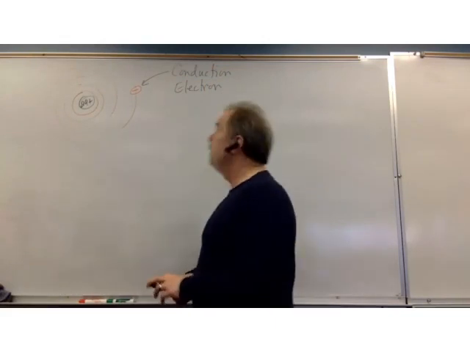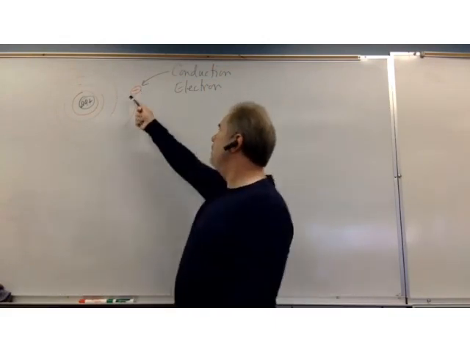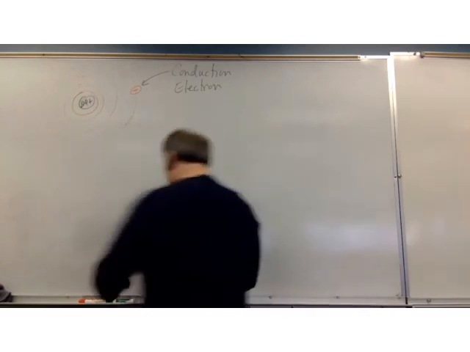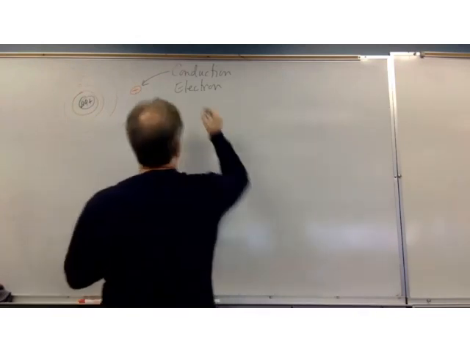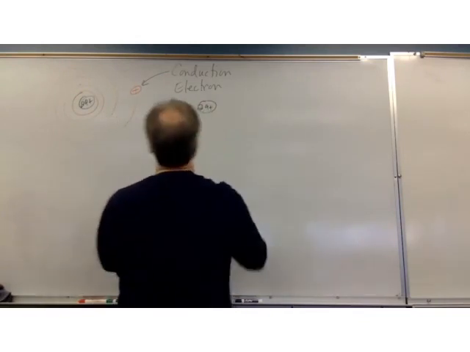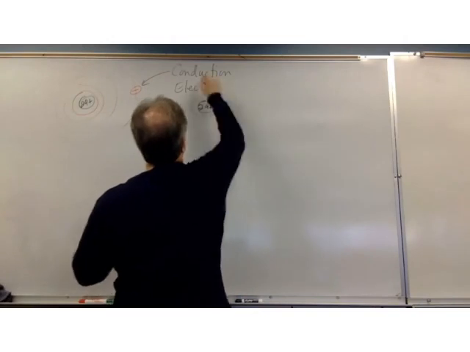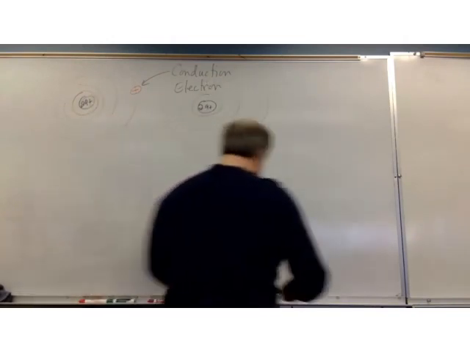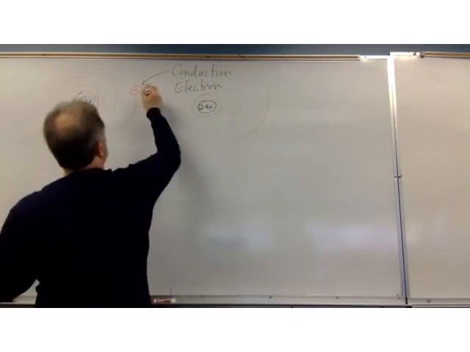So the electron, what it does once it's knocked loose, it tends to drift over to the next copper atom that's next door. So it gets knocked loose.